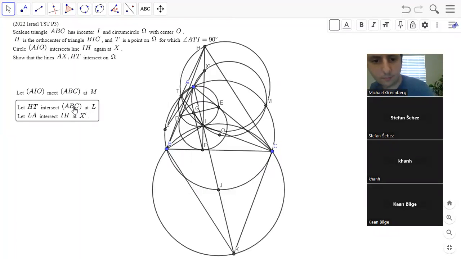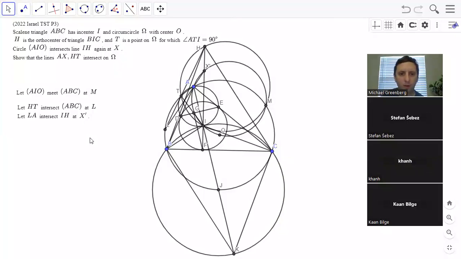Okay, so I'm going to say what I'm going to do here. We're going to prove that X prime is the same as X, which implies X prime lies on the circle AIO. And by the lemma that I said we had in a previous session, we have AIOM is cyclic. I'm sorry, it's actually, we define HTIM, M as HTIM.